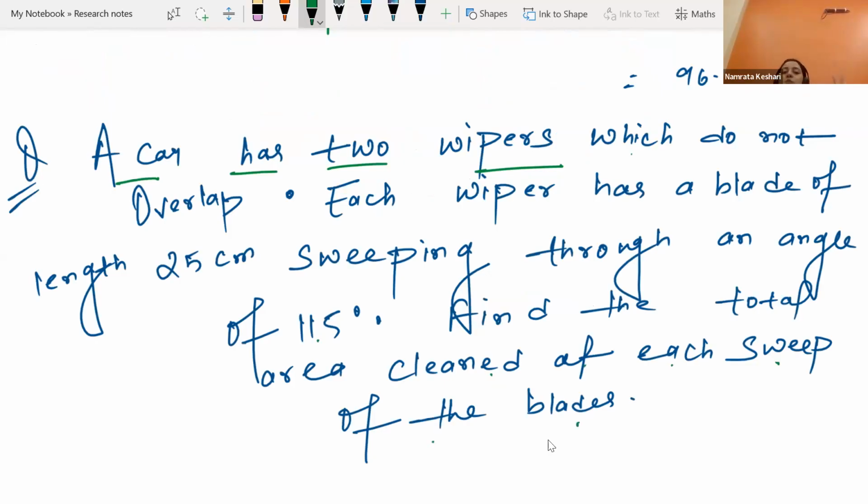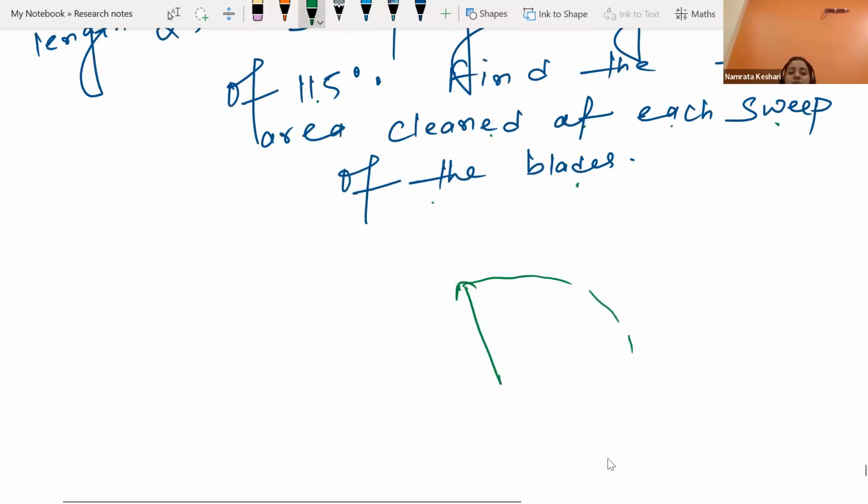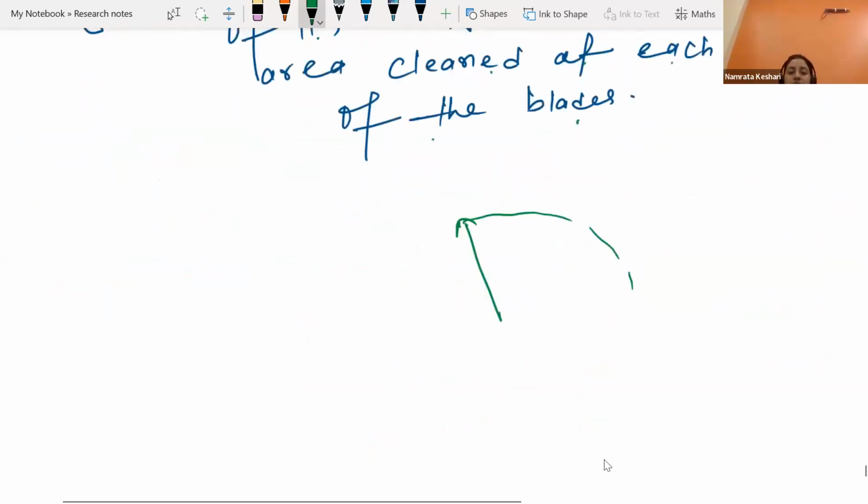Two blades are working simultaneously. One time they sweep, and what is the area they have cleaned? Two blades together work. So the length of the blade is given as 25 centimeter, and the angle it is maintaining is 115 degree.